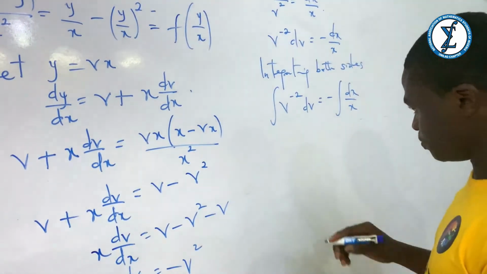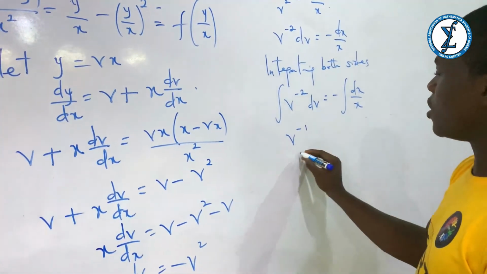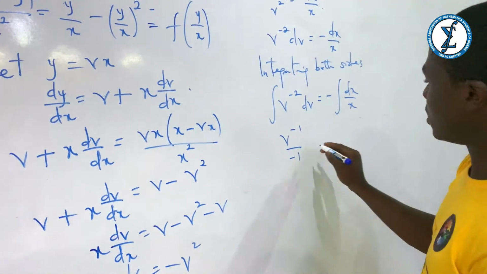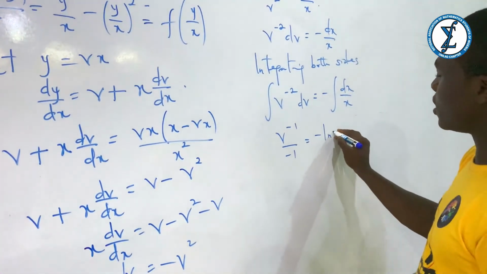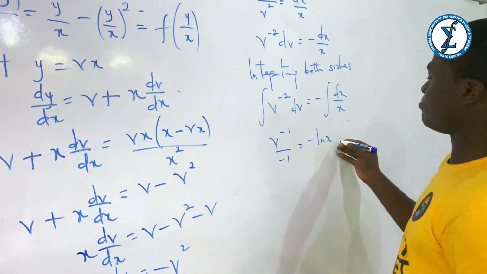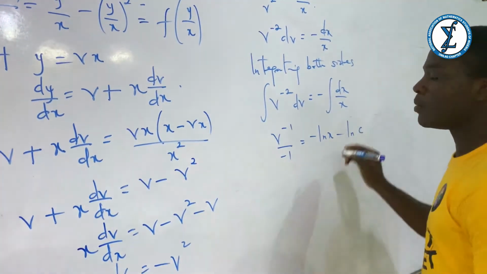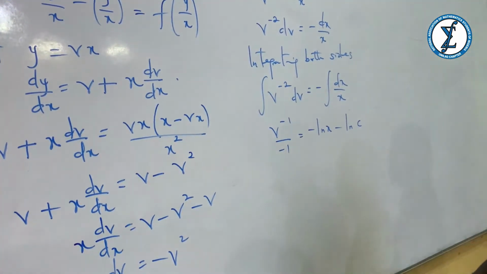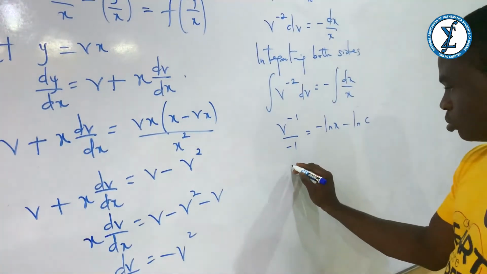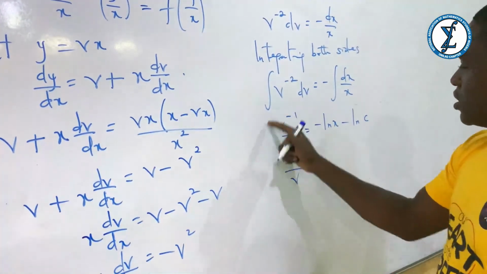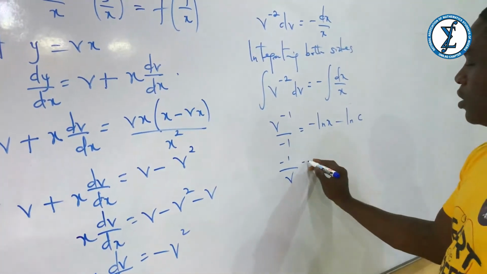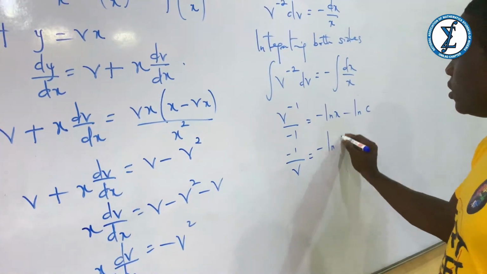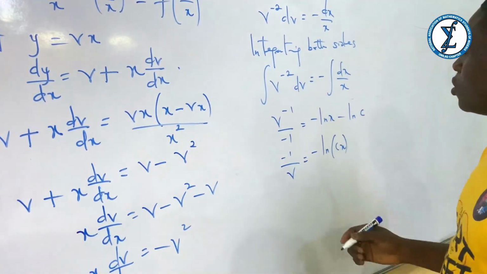This gives us v raised to power minus 1 over minus 1, and it is equal to minus ln x, plus minus ln c, because it's a constant. Minus 1 over v, this one gives us 1 over v, is equal to minus ln c times x.